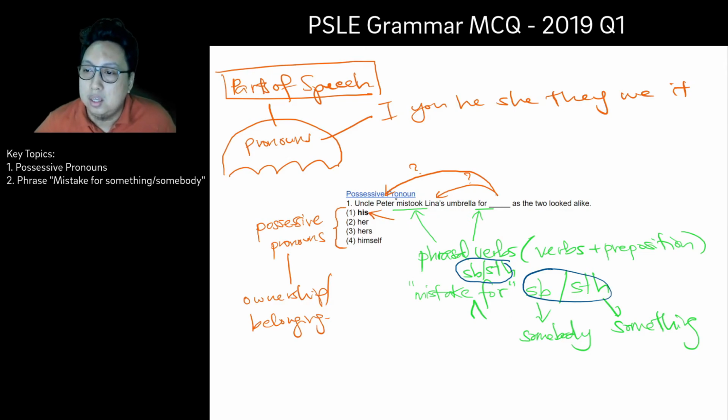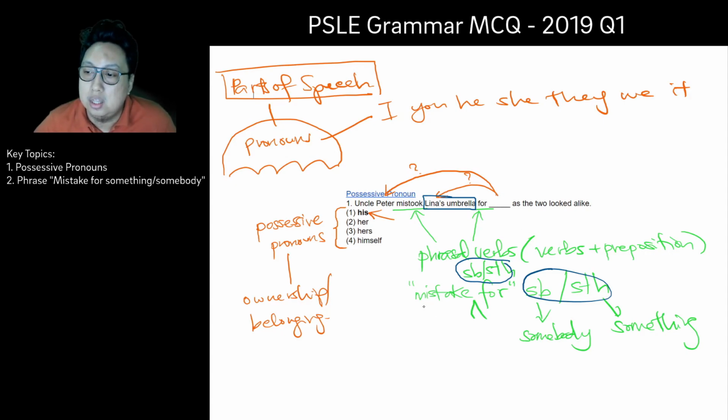So in this case, the thing that was mistaken was Lena's umbrella. Uncle Peter thought that Lena's umbrella was his. So he mistook Lena's umbrella for his. That kind of makes sense. He thought that it belonged to him.